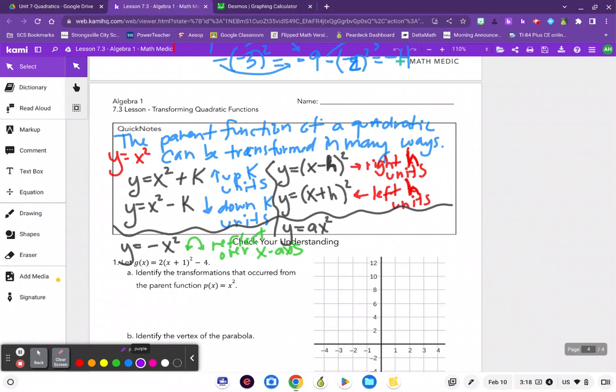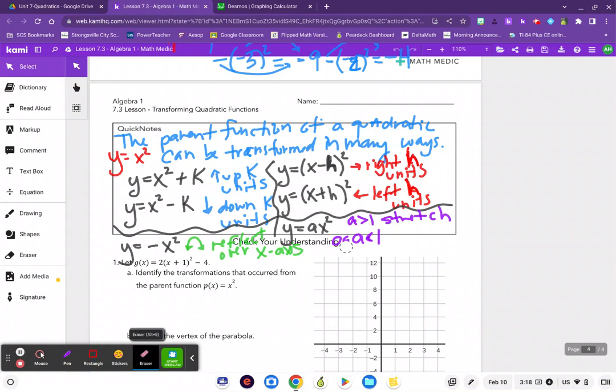And so if that a value is bigger than 1, I'm going to stretch. And if that a value is less than 1, or bigger than 0, so it has to be, did not mean to write equal to.